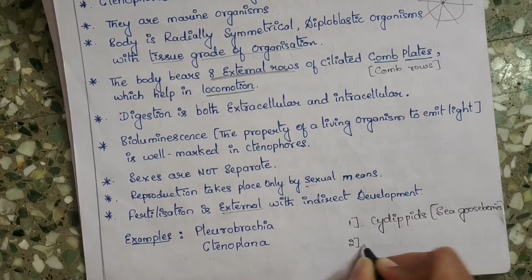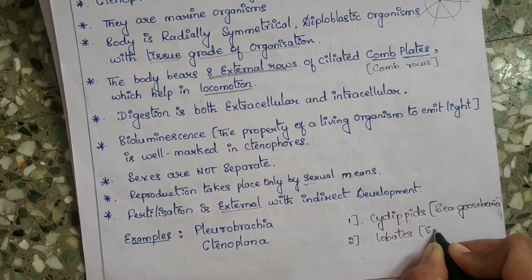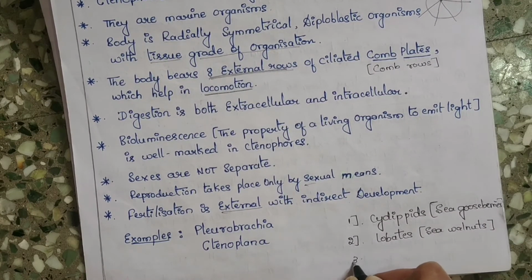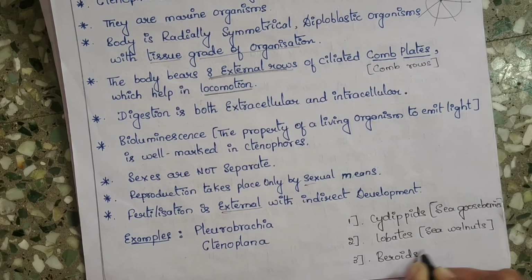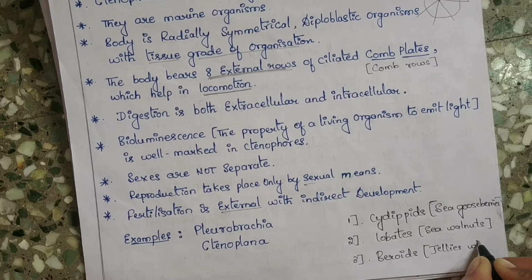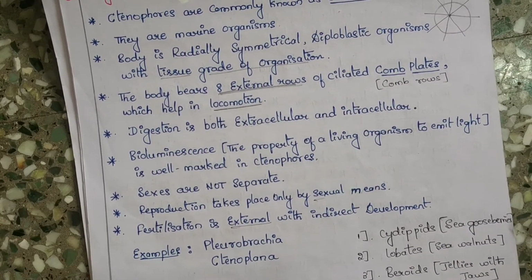The next one is Lobata, which are called sea walnuts. The third one is Beroida, which are jellies with jaws. These are the few points about ctenophores.